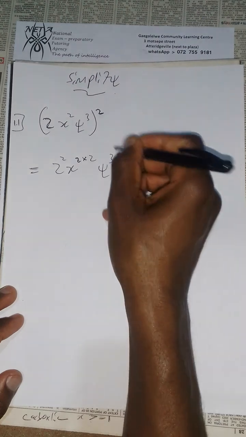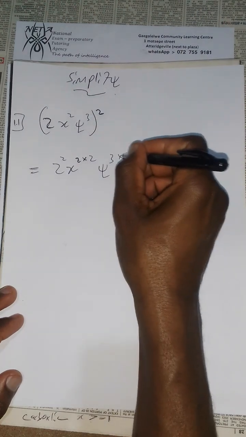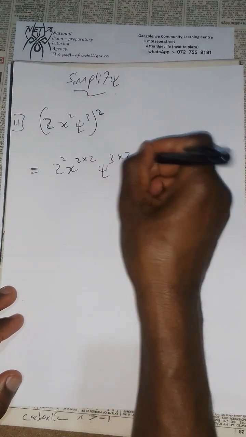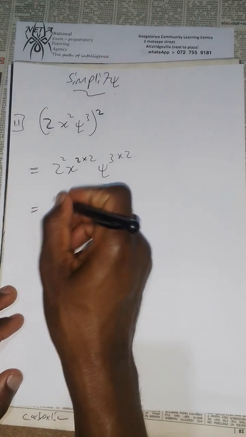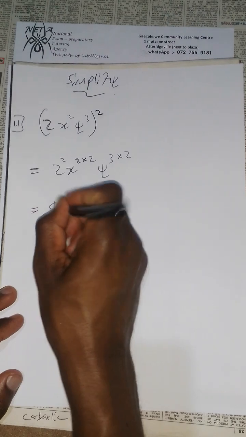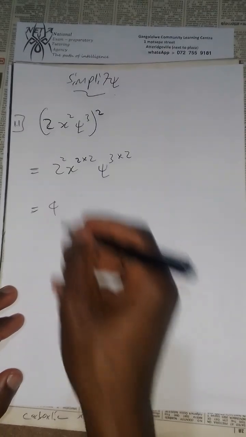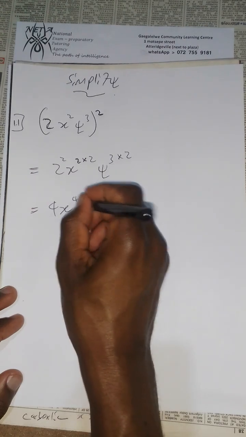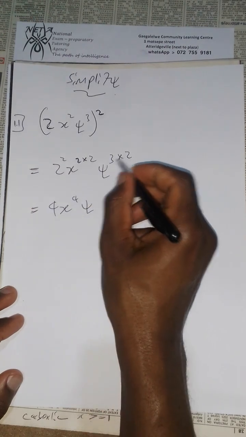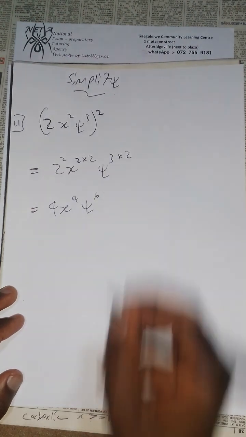And 2 squared, you get the value of 4 if you punch it in on the calculator. And you have x: 2 times 2 is 4. You have y: 3 times 2 is the exponent of 6.